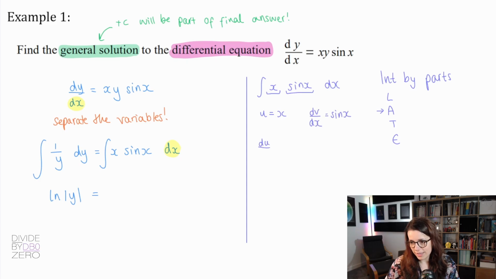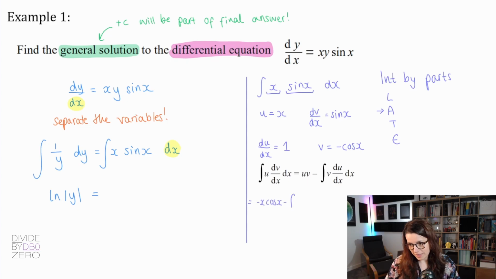I differentiate u to get 1. I integrate sin x to get minus cos x. And then we apply the integration by parts formula, which gives us minus x cos x minus the integral of minus cos x dx. And then when you evaluate that, you get minus x cos x plus sin x plus c.